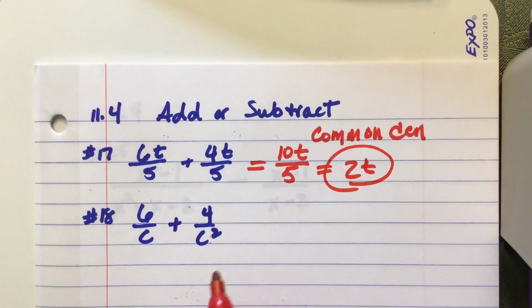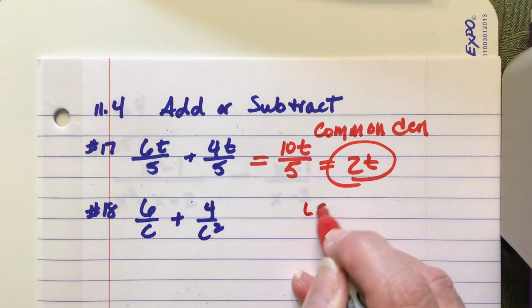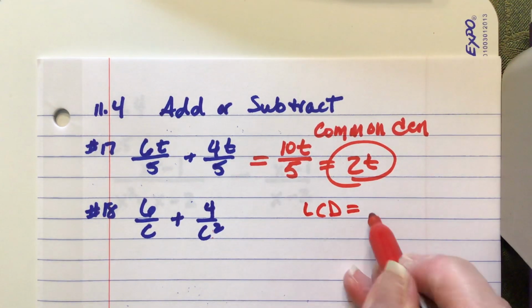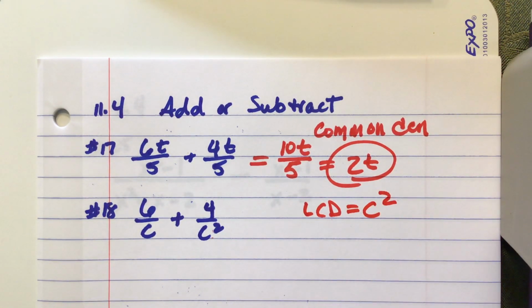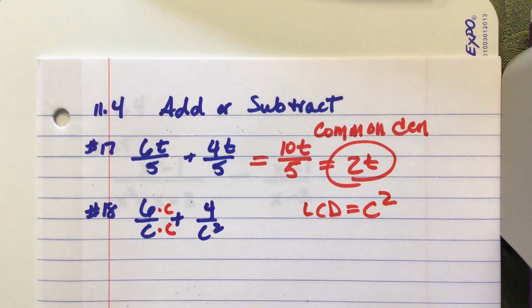All right. Number 18, I do not have a common denominator, so my least common denominator is going to be c squared. So what I'm going to have to do is multiply on this side, top and bottom, by c, so that I get c squared in my denominator.